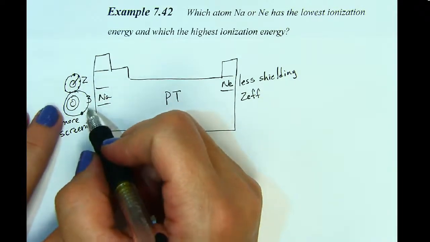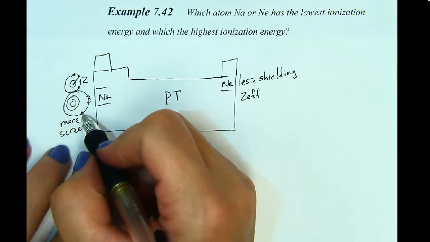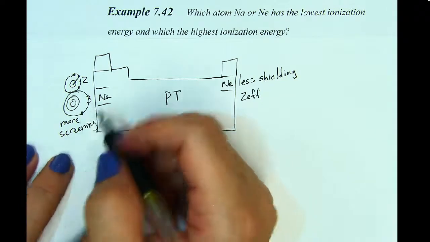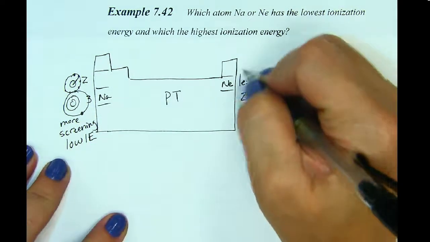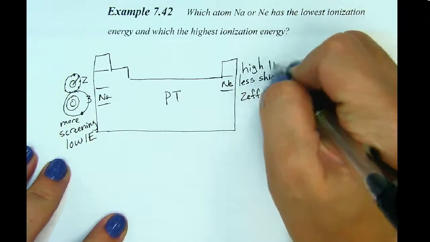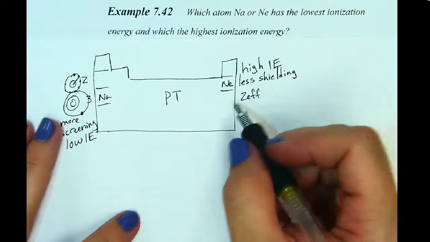Because there's more shielding in sodium, it's going to require less energy to remove this outer electron. And so sodium is going to have a lower ionization energy, and neon a higher ionization energy, and it's all due to the amount of shielding or screening between the two of them.